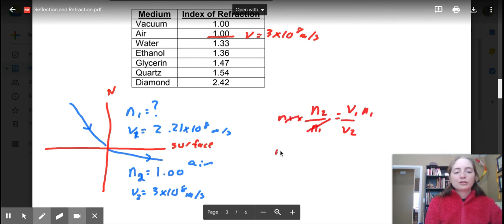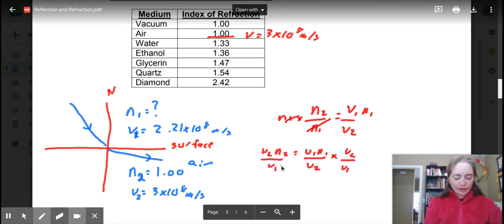Okay, so my n2 is going to equal v1 n1 over v2. And then I am going to multiply by my v2 over v1. Okay, and then I'm going to wind up with my lovely value of n1 is equal to n2 v2 over v1.